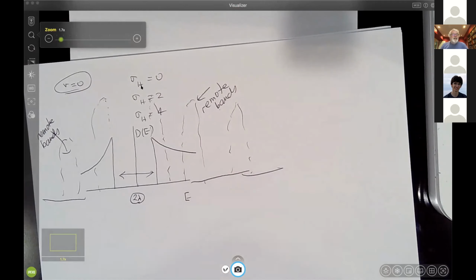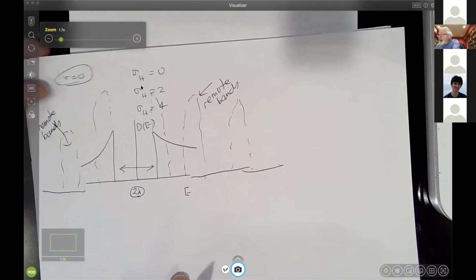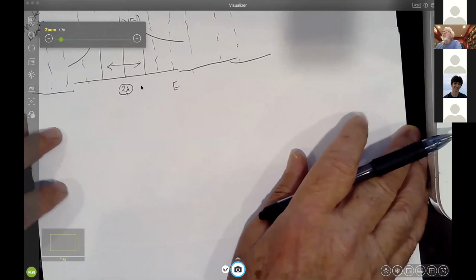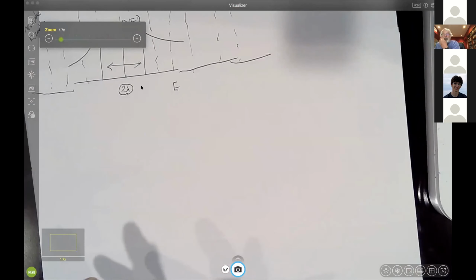And what that does is it opens up the possibility of having, for some of the flavors, the valence band filled and the conduction band empty, so that for that flavor you're at neutrality, while the flat band might be completely full or completely empty for some of the other flavors.